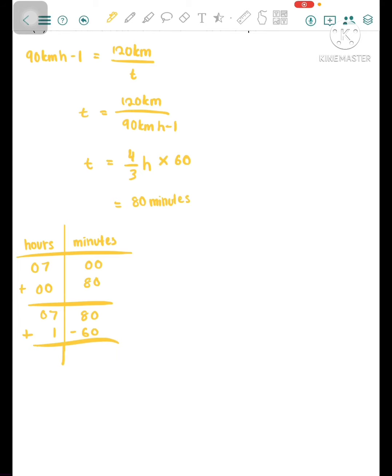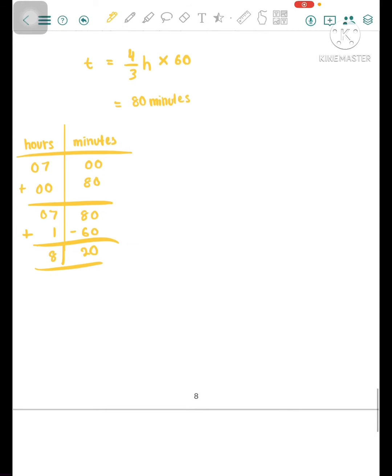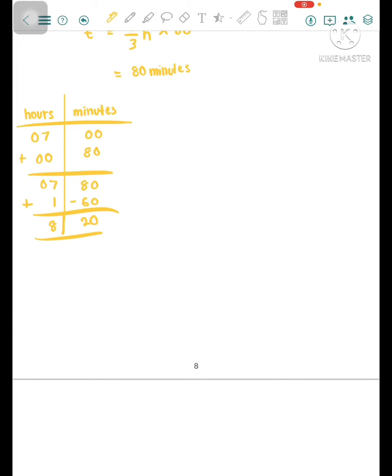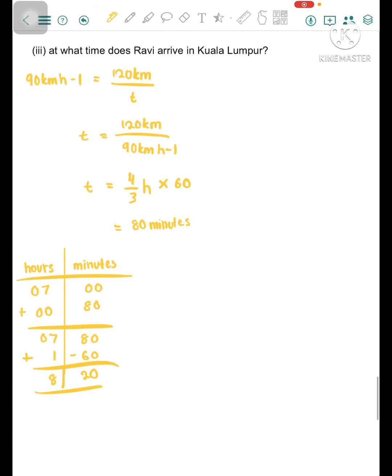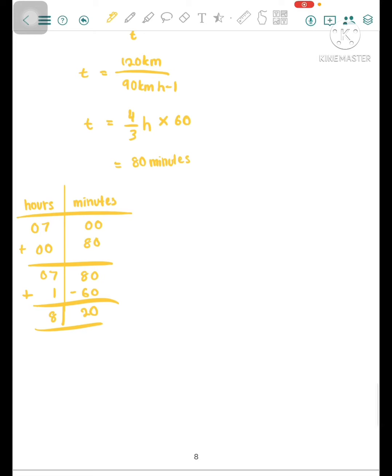Okay, so the last answer should be 8 hours, and 80 minus 60 is 20. So the answer is 8 hours and 20 minutes. Ravi should arrive at Kuala Lumpur by 08:20 hours. So this is the answer to this question.